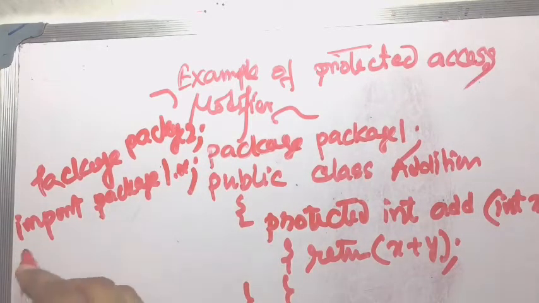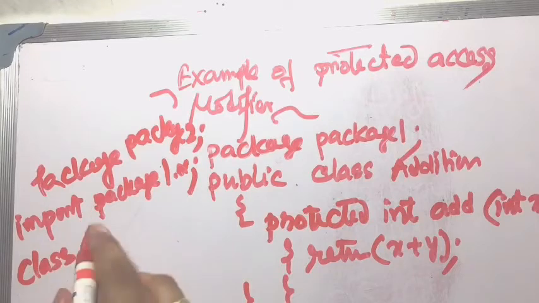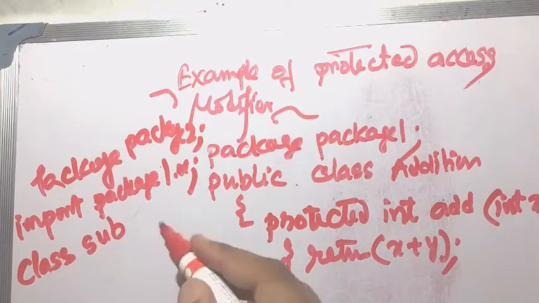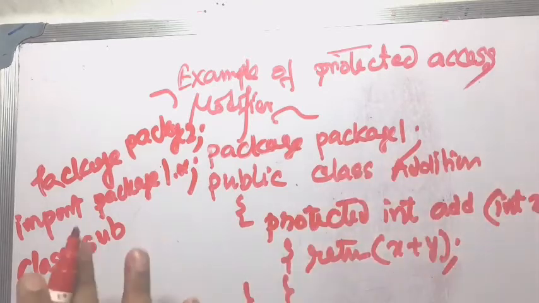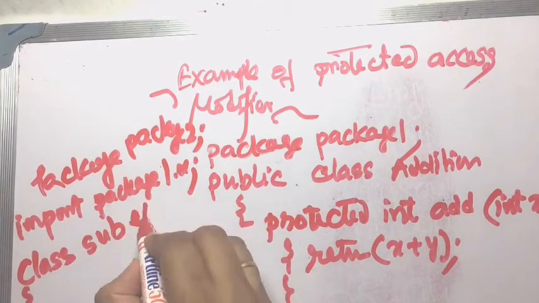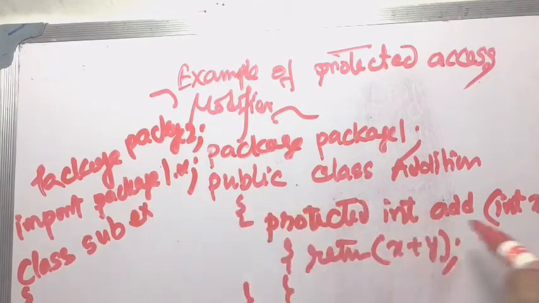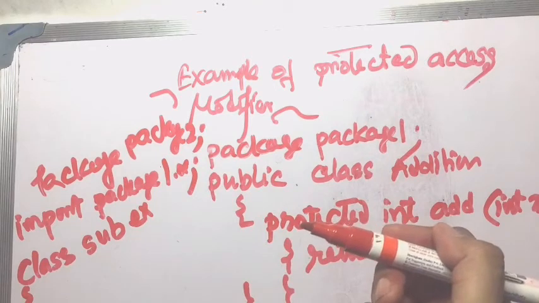Now I'm going to access another class. Suppose the class is Subtraction. First of all, I am importing the package. Class Sub extends Addition. Because there is a protected concept, we can extend the class.